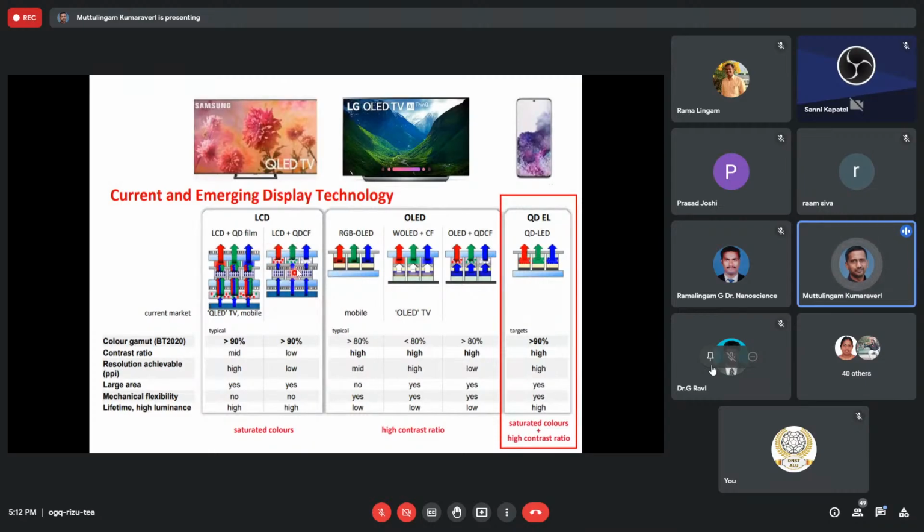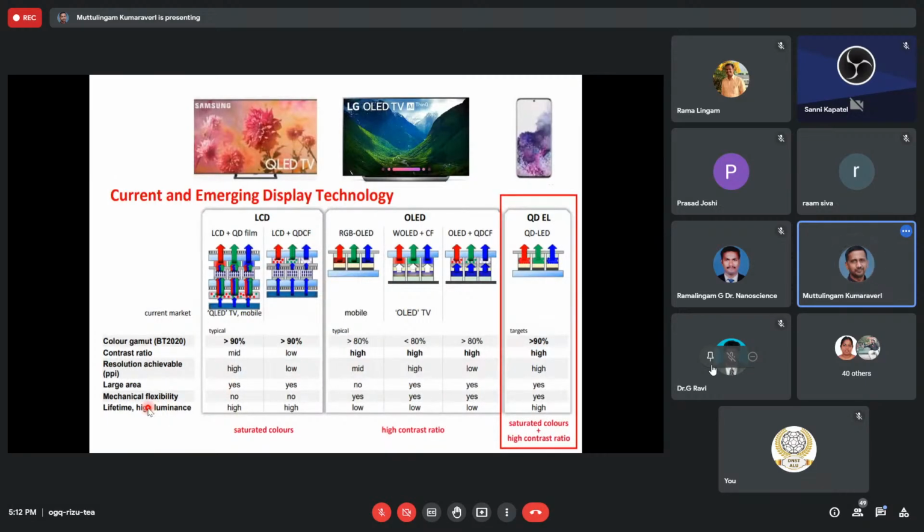They are using this technique for QLED TV and for mobile phones.